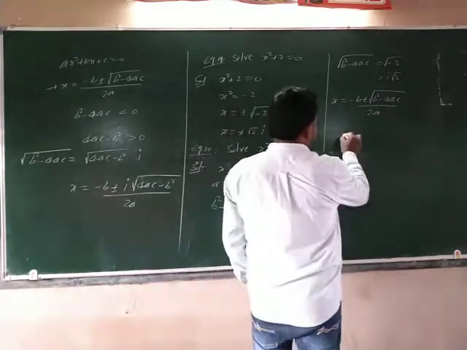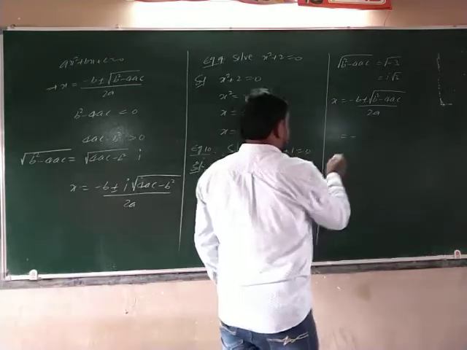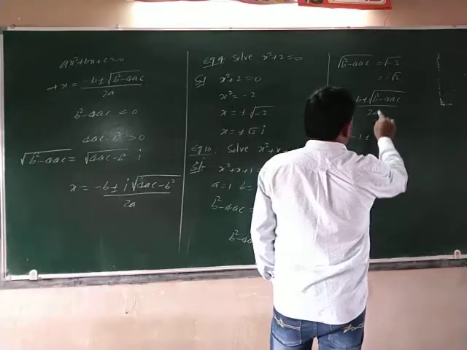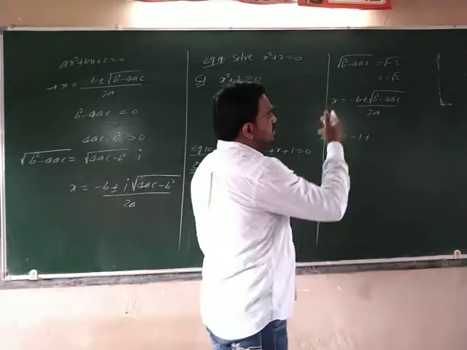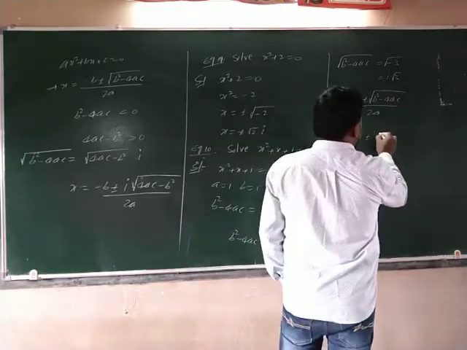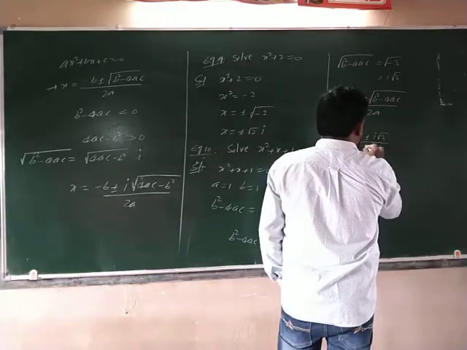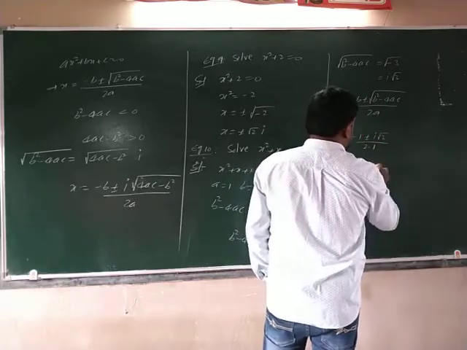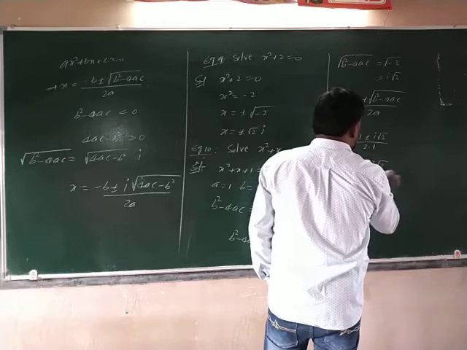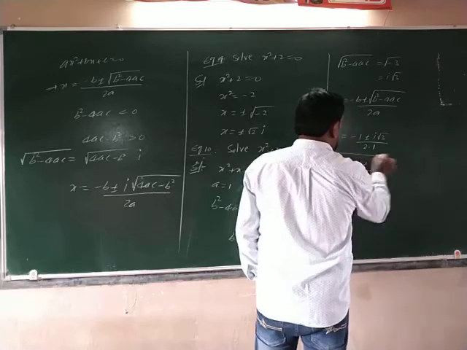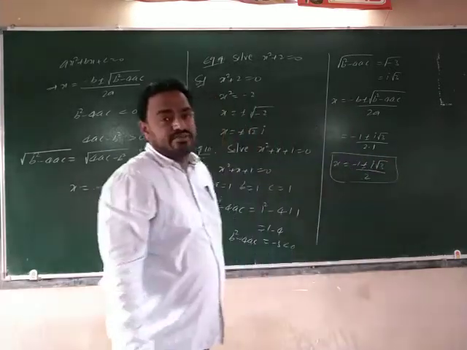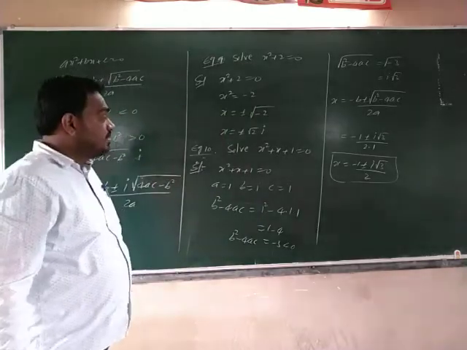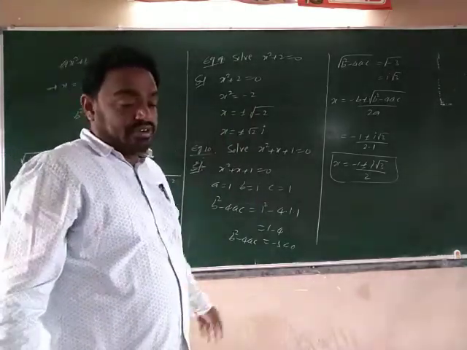Substituting, b = 1, so x = (−1 ± i√3) / (2 × 1). This is the answer. So this is our example 10.